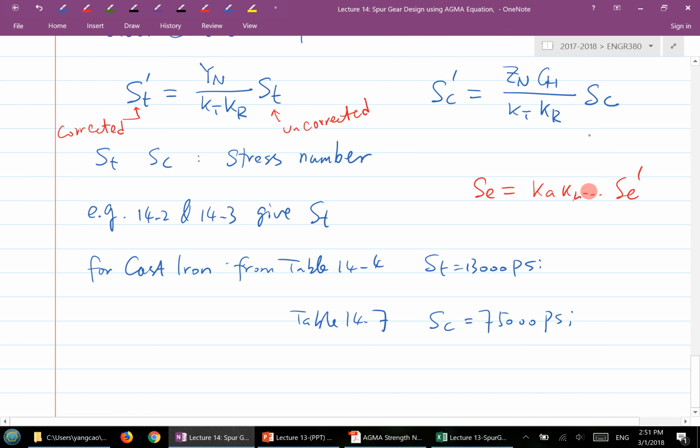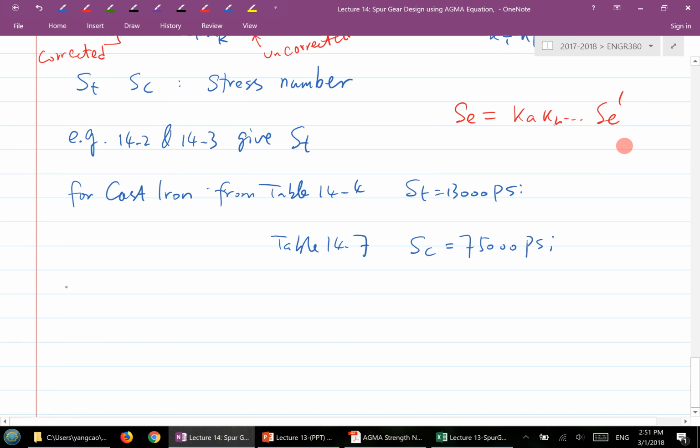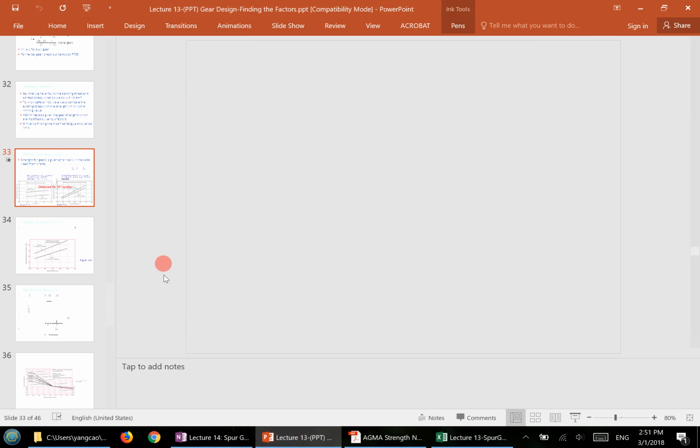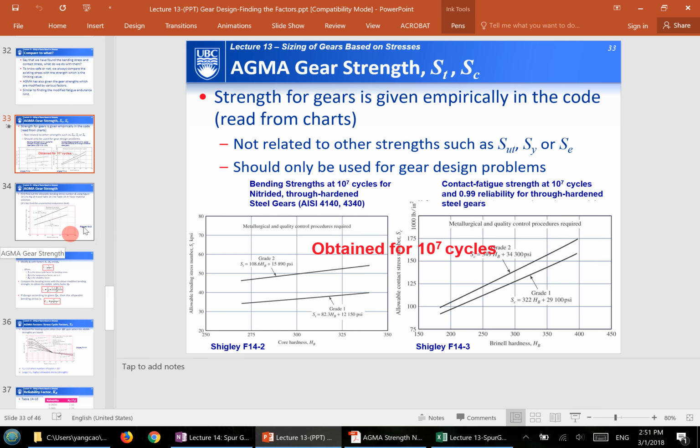For both of the equations here, there's a common factor KT and KR. KT is the temperature factor. There is a formula for the temperature factor, but in this particular question we didn't specify any temperature.